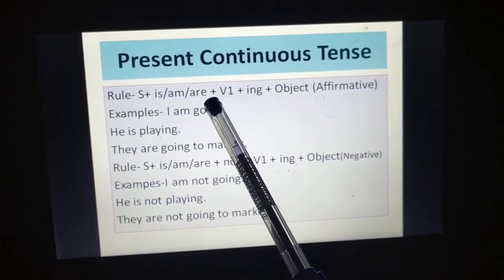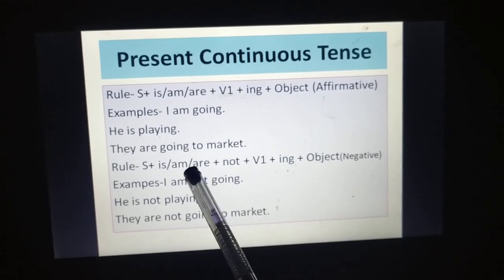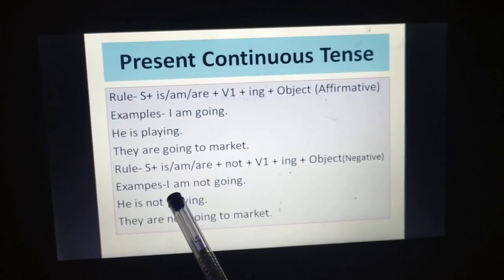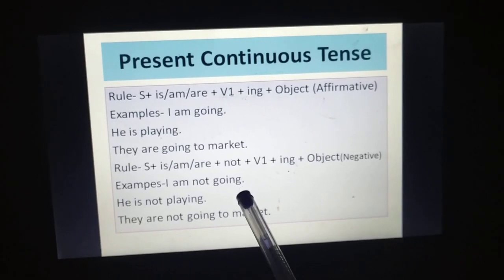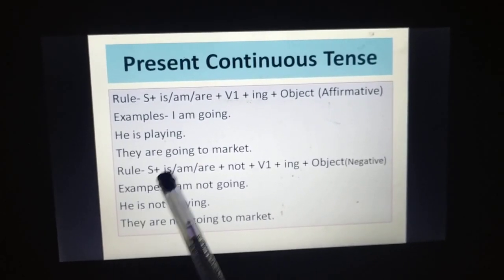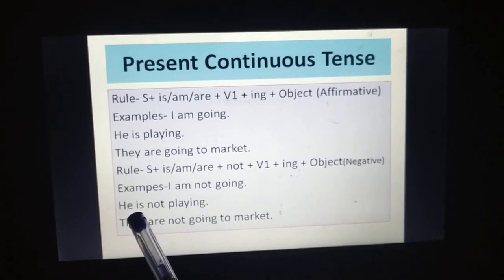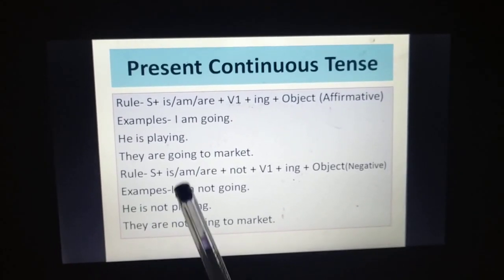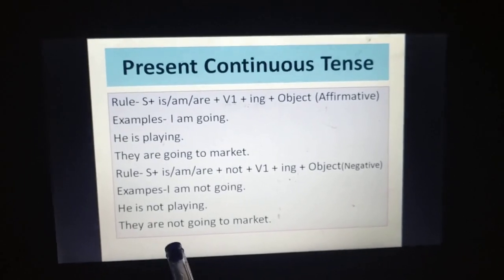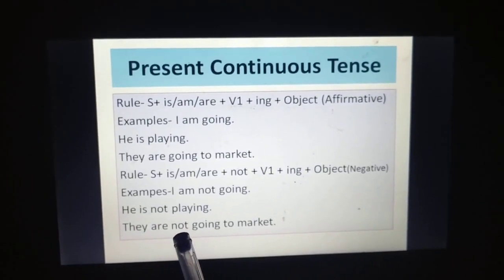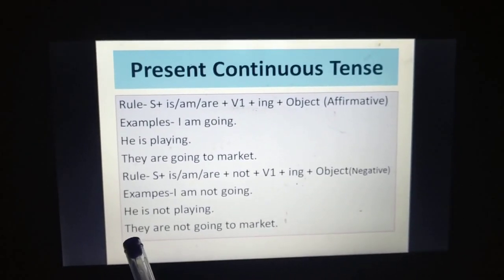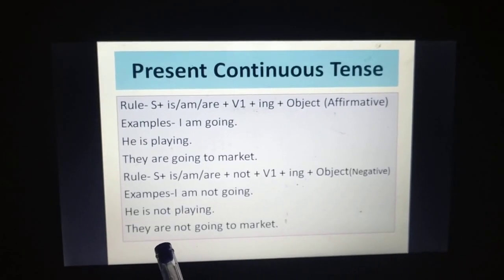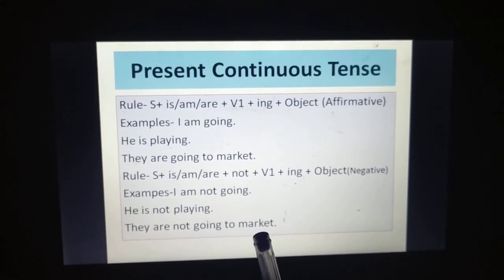Now we will use not after the helping verb. So it has become I am not going. Second, he is playing. He is not playing. Third, they are going to market. We will add not after the helping verb. So it has become they are not going to market.